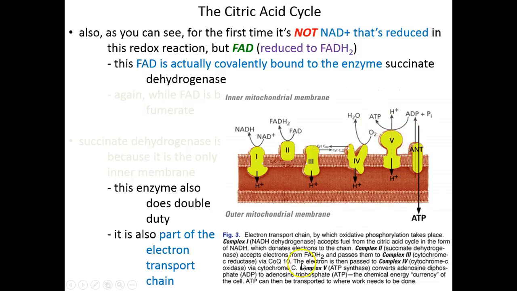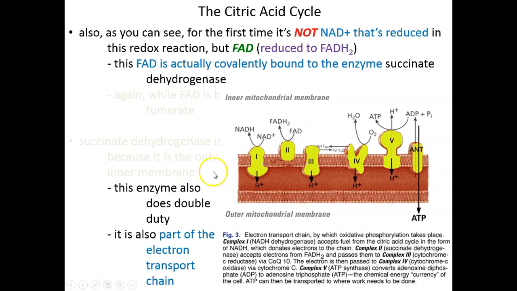But I want to zero in very quickly on this figure legend and see that complex 2 goes by another name, succinate dehydrogenase. So this enzyme that catalyzes step 6 of the citric acid cycle is actually also part of the electron transport chain.